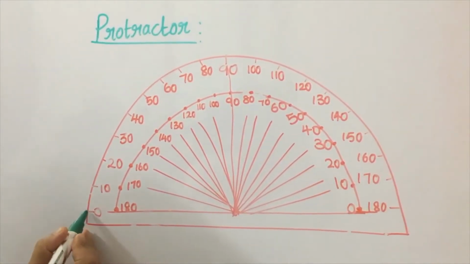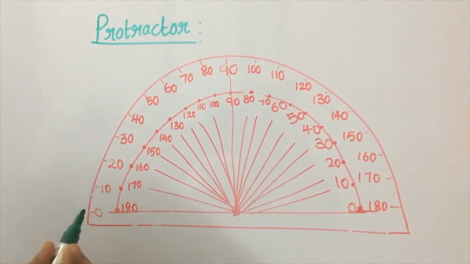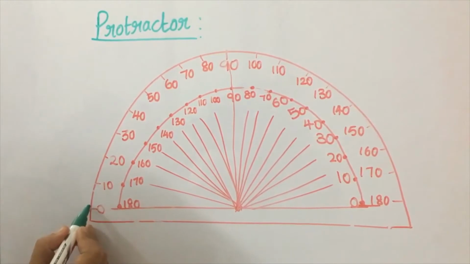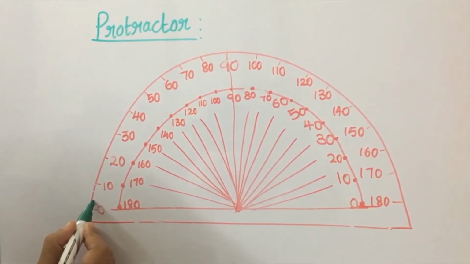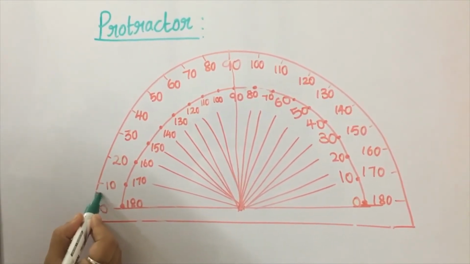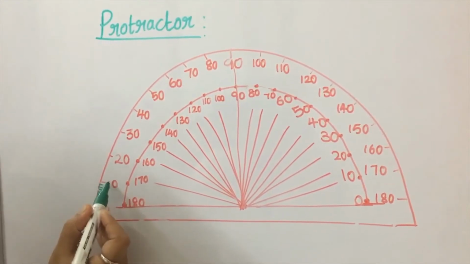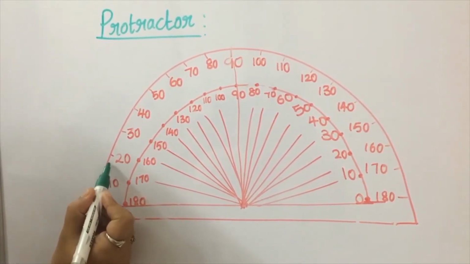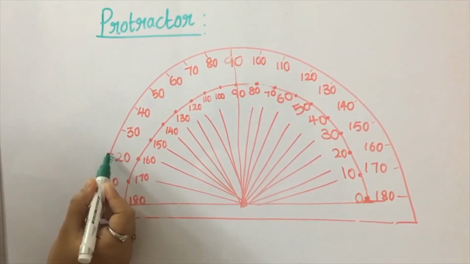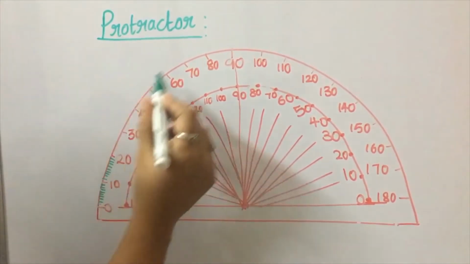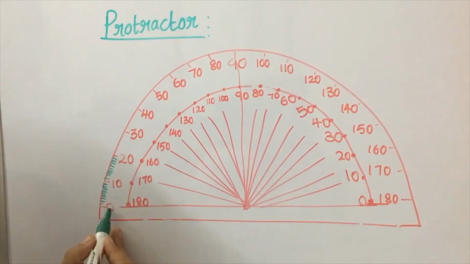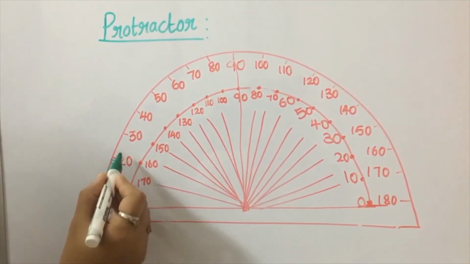See, can you all see from 0 to 10, like how it is marked in the centimeter scale? It is marked 0 to 10, which means there are 10 small divisions inside. 3, 4, 5, 6, 7, 8, 9 and this is 10, 11, 12, 13, 14, 15, 16, 17, 18, 19, and this point is 20. Likewise, there will be 180 subdivisions and the markings will be 0, 10, 20, 30.